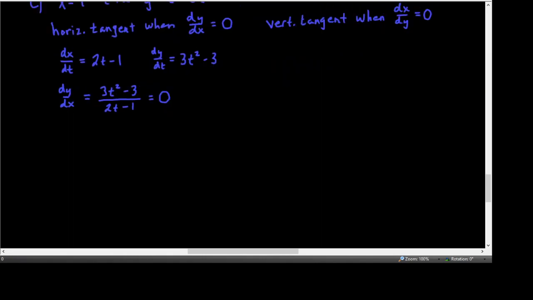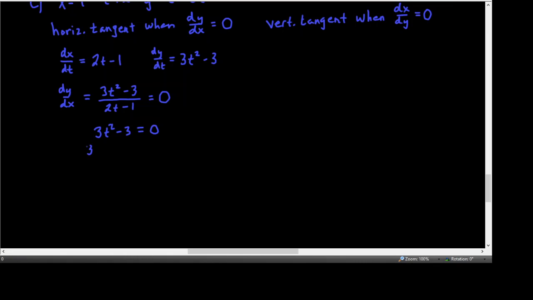The only way it can equal 0 is if the numerator equals 0. So that would mean that 3t squared minus 3 would have to be 0. And of course the denominator can't be 0. 0 over 0 would be indeterminate. The denominator is 0 when t is 1/2, which won't be one of our answers here, so that's fine.